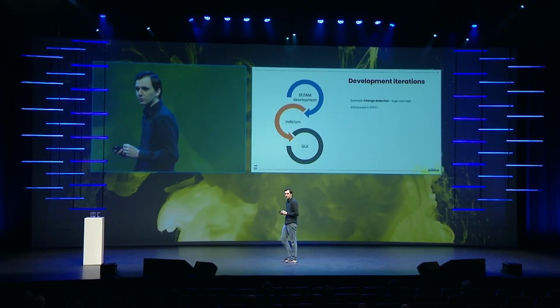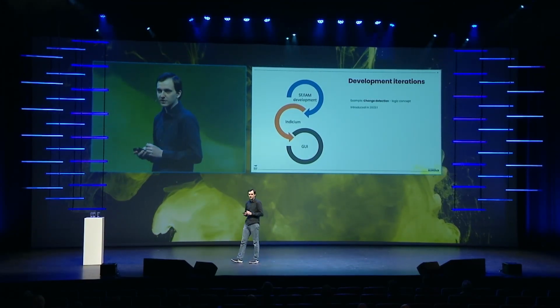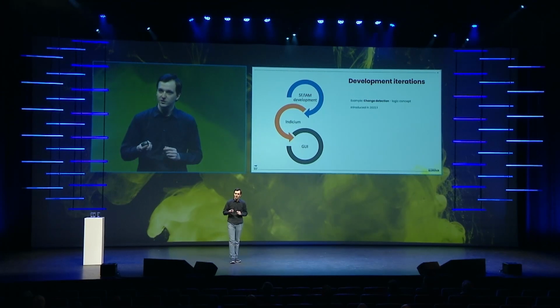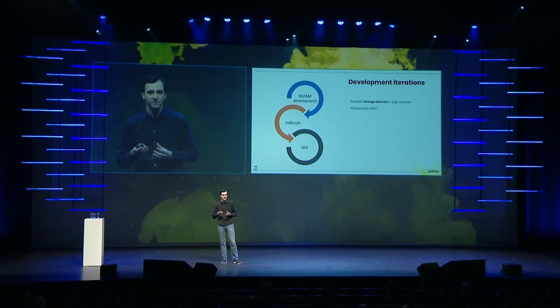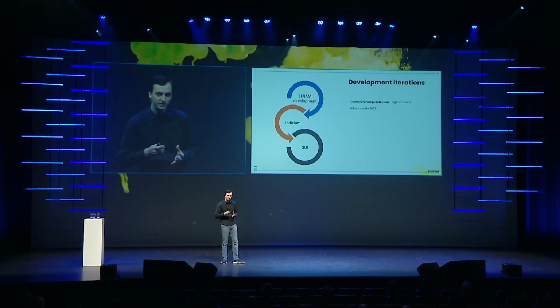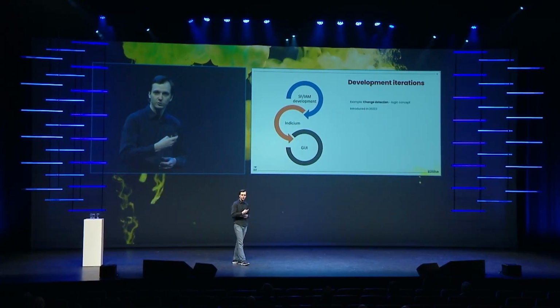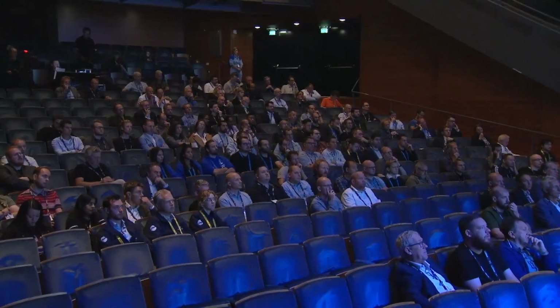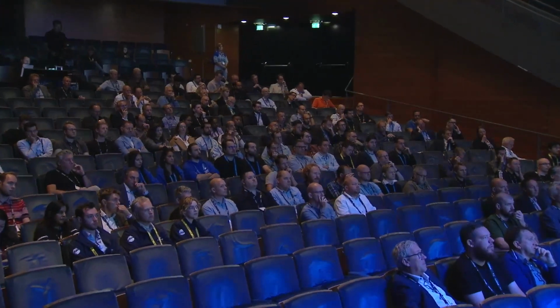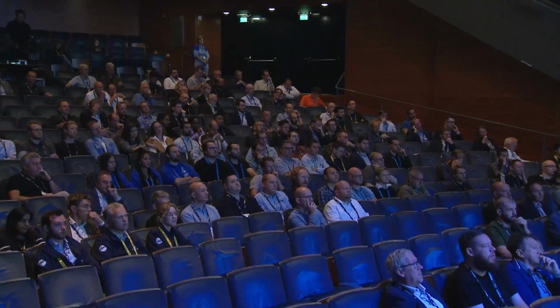Change detection is a logic concept we introduced in 22.1, a long time ago, in which you can make sure that the auto refresh functionality of the platform can be turned on or off. You can decide whether or not your data set should be refreshed. It's very powerful, but only powerful when all of the components support it, of course.